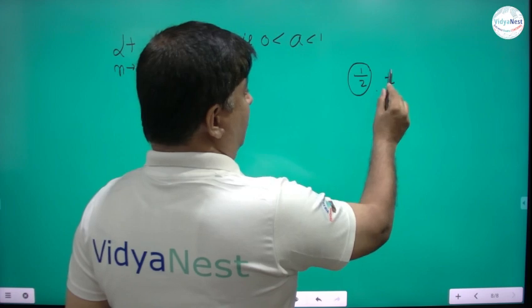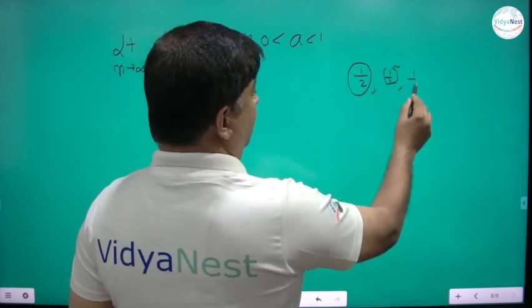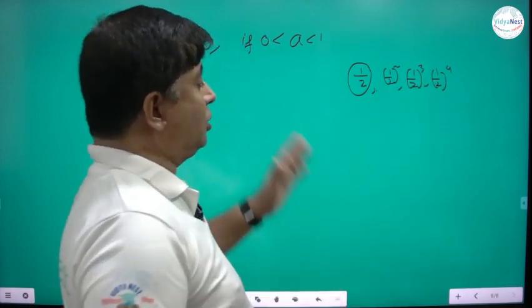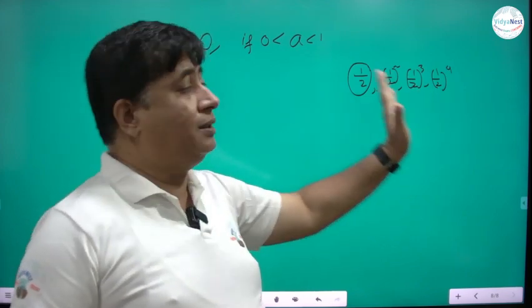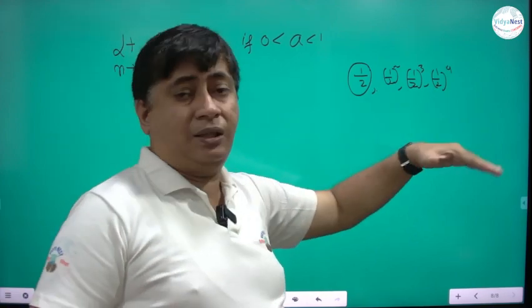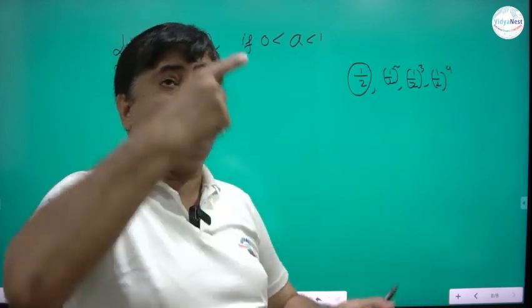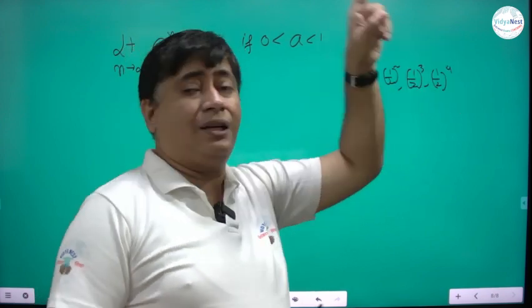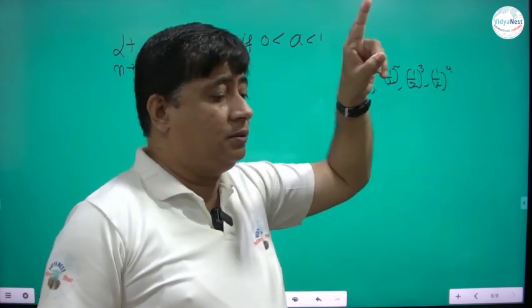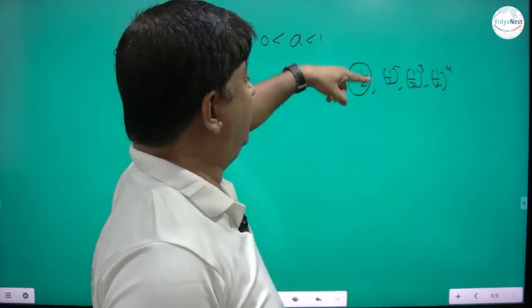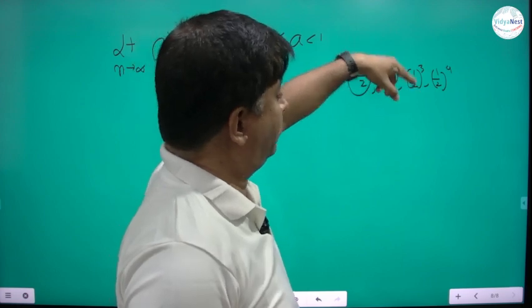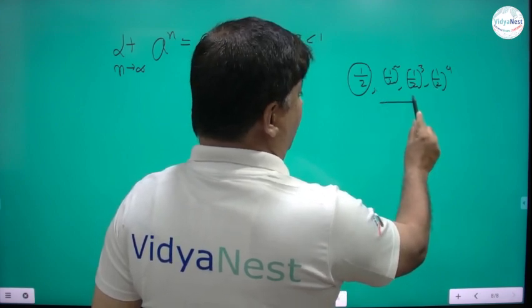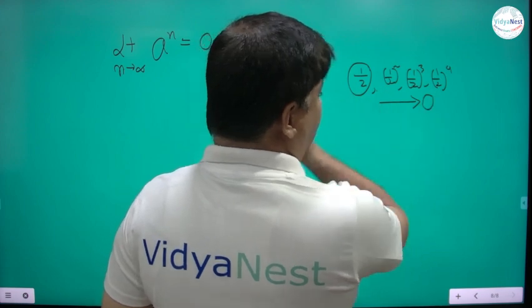Say half square, then half cube, then half to the power 4. So what is observed here? Is it being increased or decreased? If you keep on increasing the power of a proper fraction, is the number increased or decreased? Decreased. Why? Half, then 1/4, then 1 by 8, the number is getting smaller. Being decreased in this way, it will tend to what? 0. Yes or no?